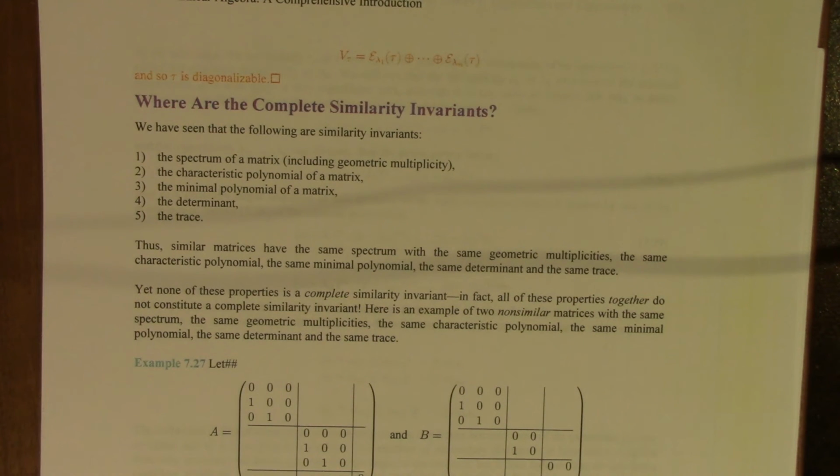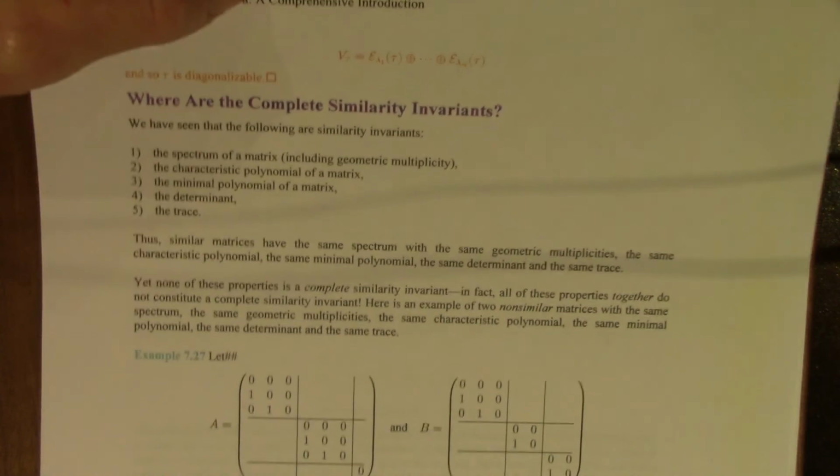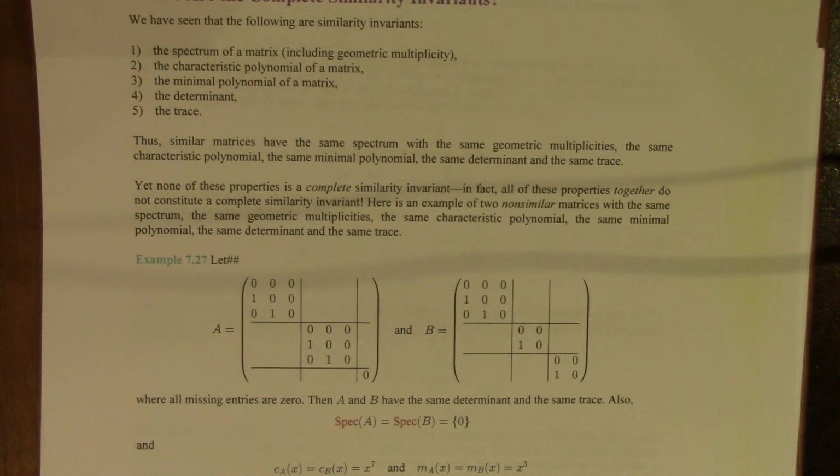But none of these is complete. None of these characterizes the similarity classes. None of these are systems of distinct representatives, canonical forms for similarity.